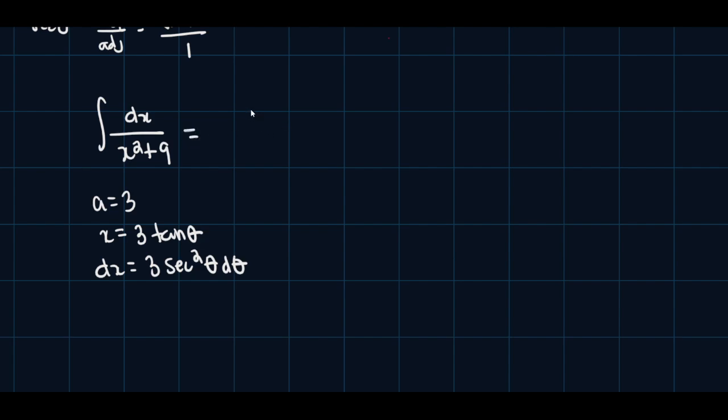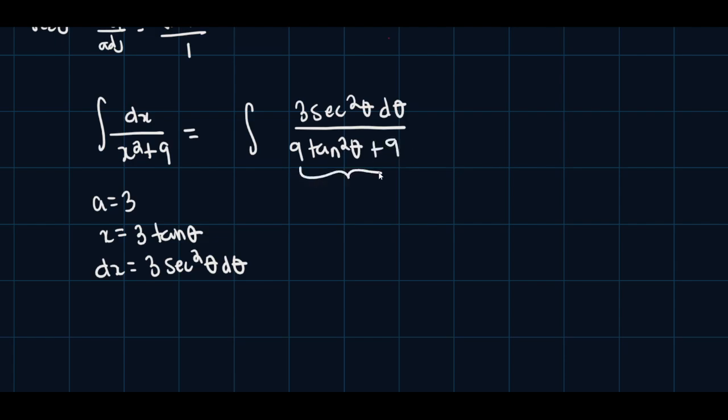So this will allow us to rewrite the integral as 3 secant squared theta d theta all over 9 tangent squared theta plus 9. This part here will be equal to 9 secant squared theta.